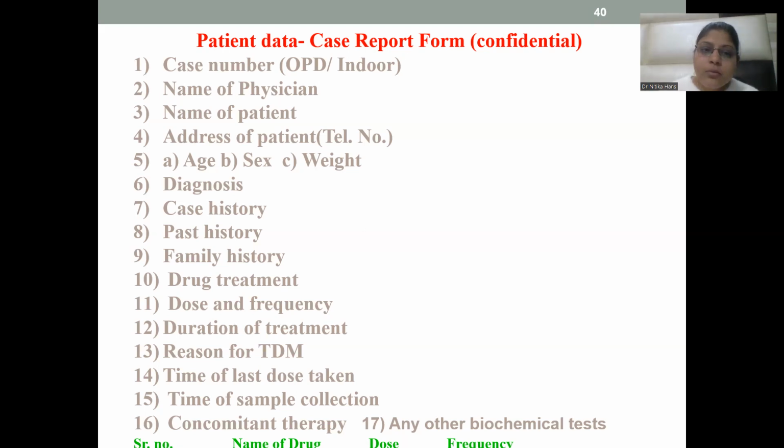Why are we doing therapeutic drug monitoring now, whether to check toxicity or to check compliance; the time of the last dose taken, the time of sample collection, whether any concomitant therapy is given or not, and any other biomedical tests.